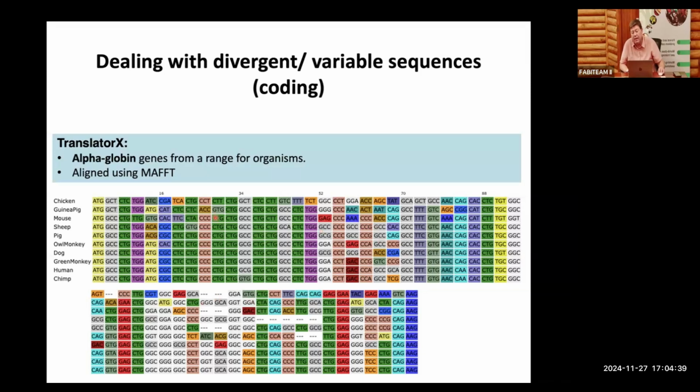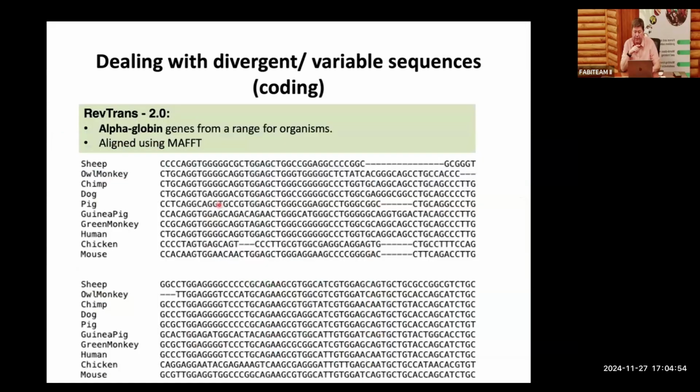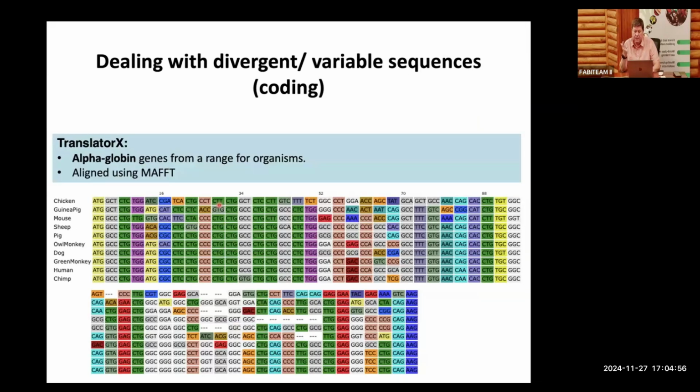So visually, it's really nice software. You can very quickly see what the differences are, and whether it makes sense to you. You can, of course, download the sequences in FASTA format from both programs, RevTrans and TranslatorX.